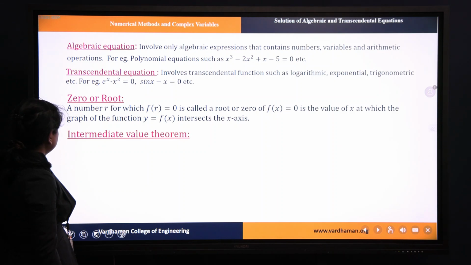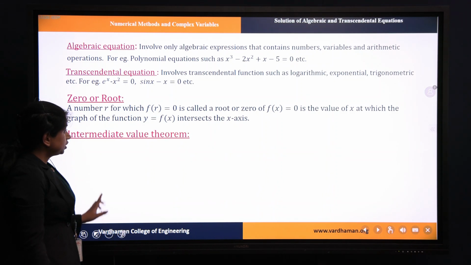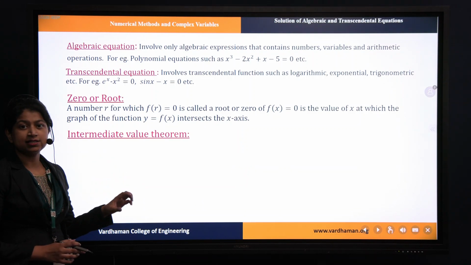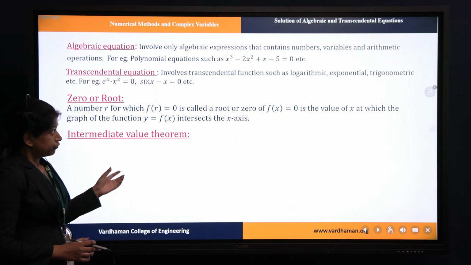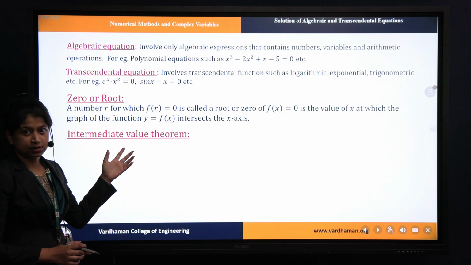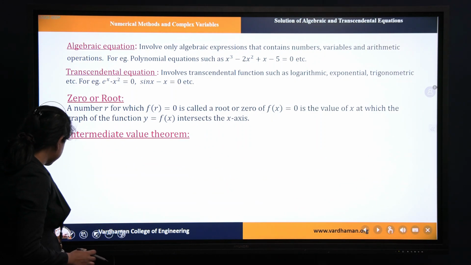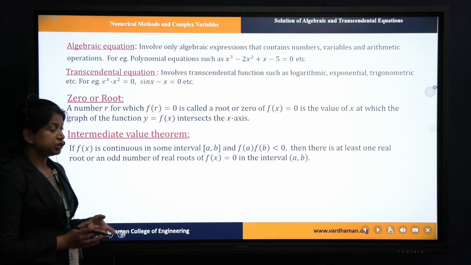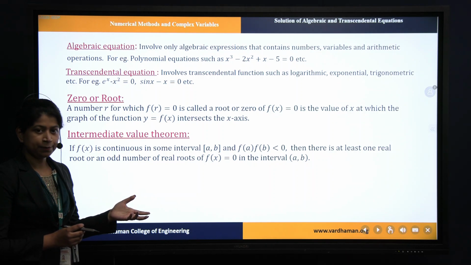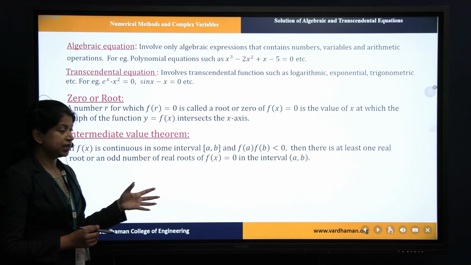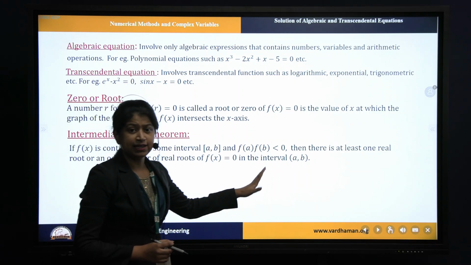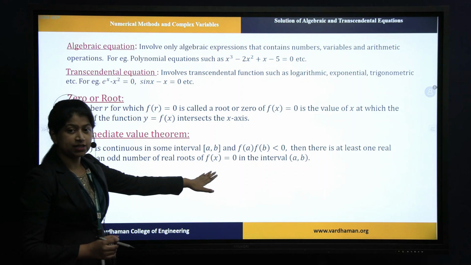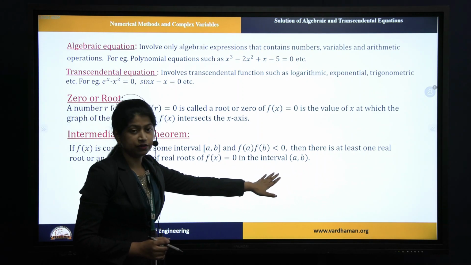Next we will see the intermediate value theorem. This is the base of all the numerical methods. It ensures the existence of solutions for these equations, algebraic or transcendental. It says that if f of x is continuous in some closed interval a comma b, and f of a times f of b is less than 0, then there is at least one real root, or an odd number of real roots, of f(x) equal to 0 in the interval a comma b.